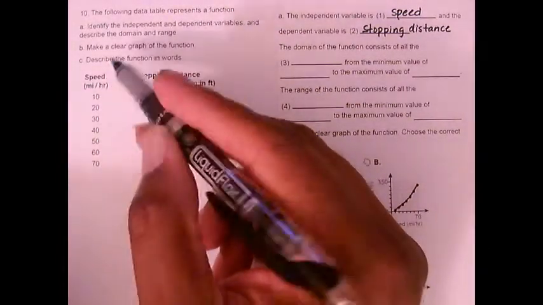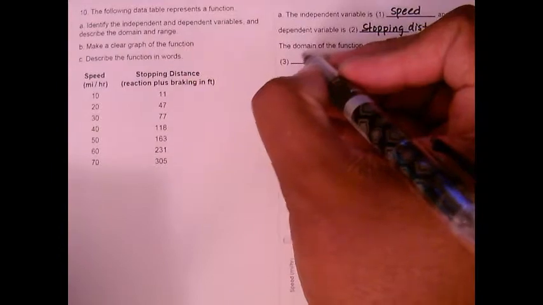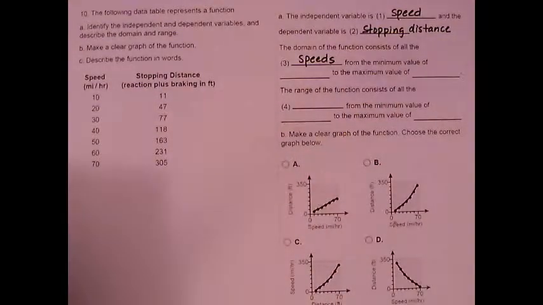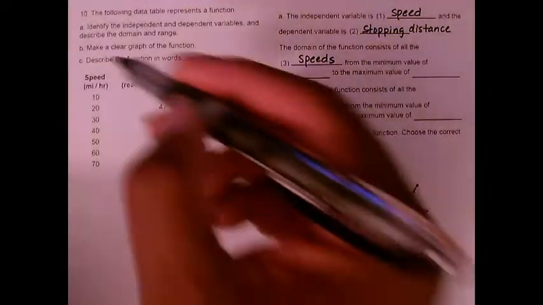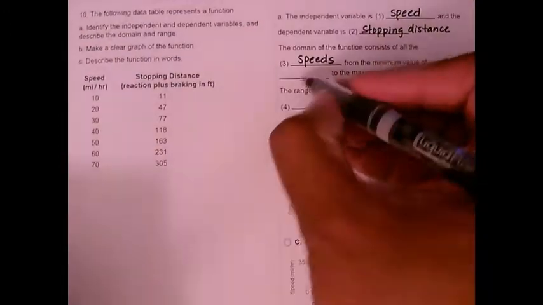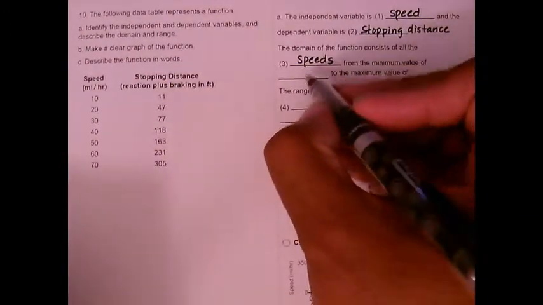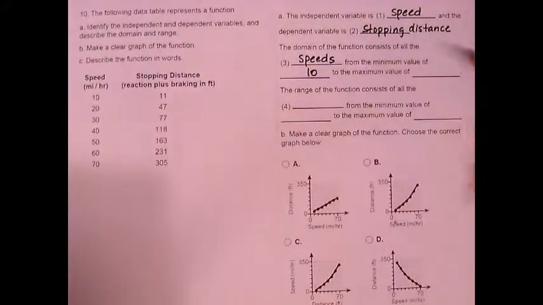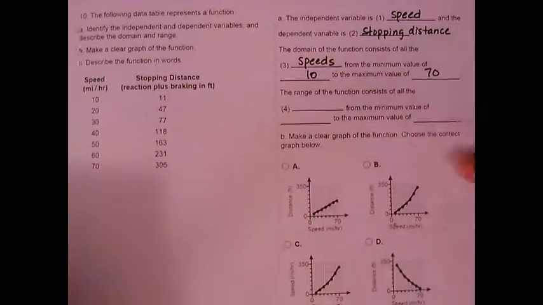All of the speeds. Okay? That's your domain. From the minimum of, well, the minimum speed is 10, to the maximum value, or the maximum speed in this case, that's going to be 70. So from 10 to 70.